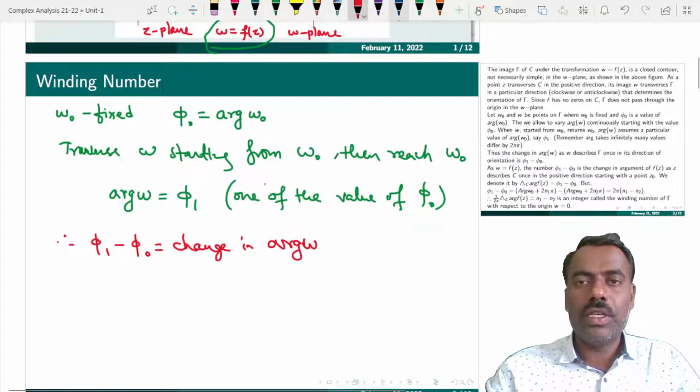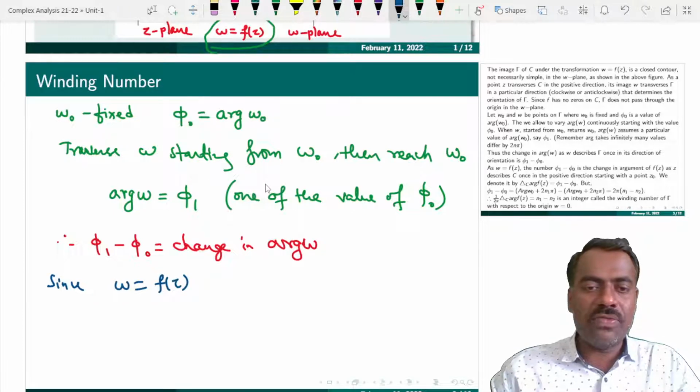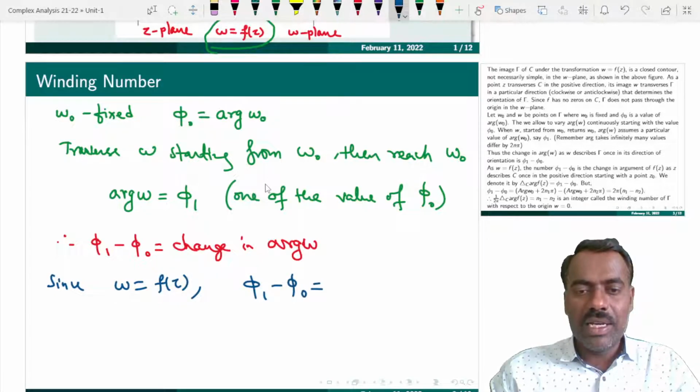Therefore, since this W is equal to f of z and phi 1 minus phi naught is the change in argument of W, this implies phi 1 minus phi naught is nothing but the change in argument of f of z.